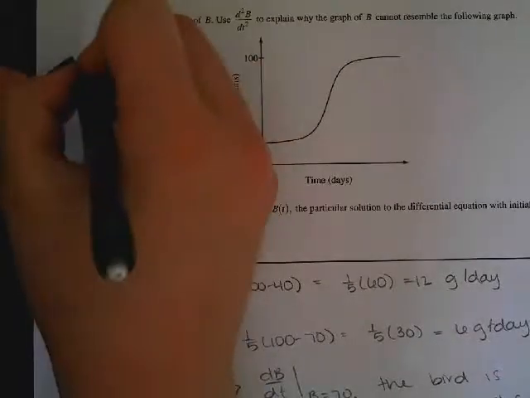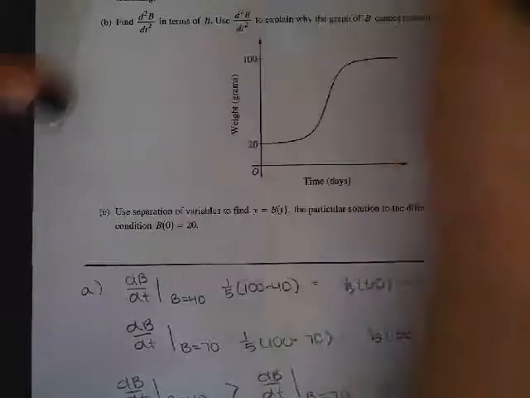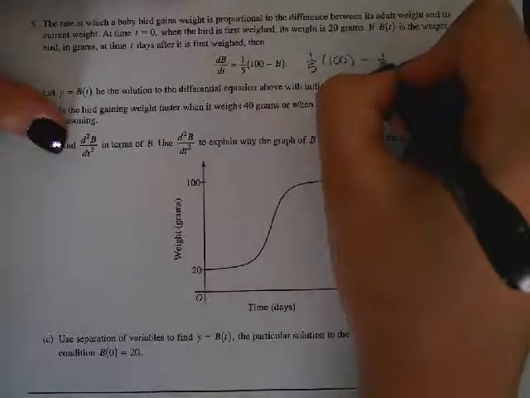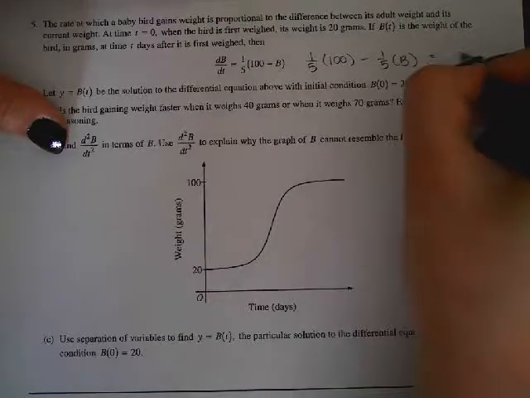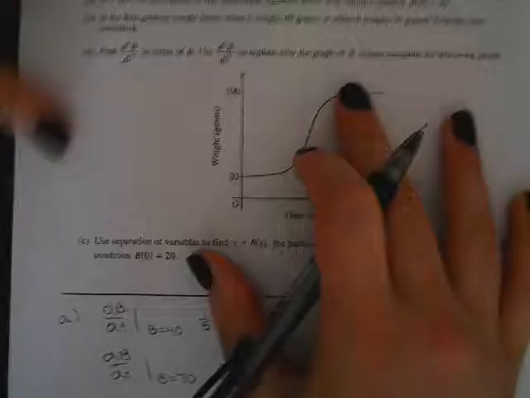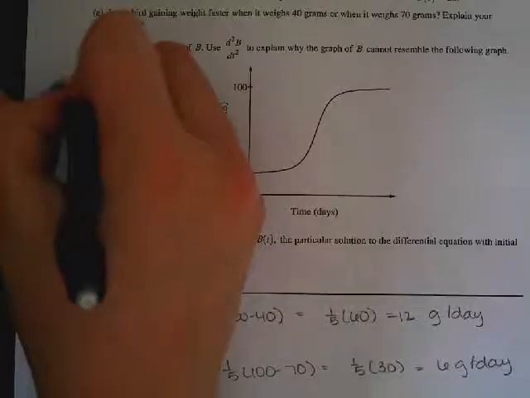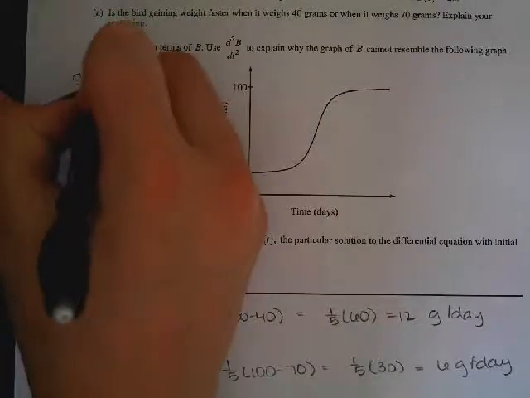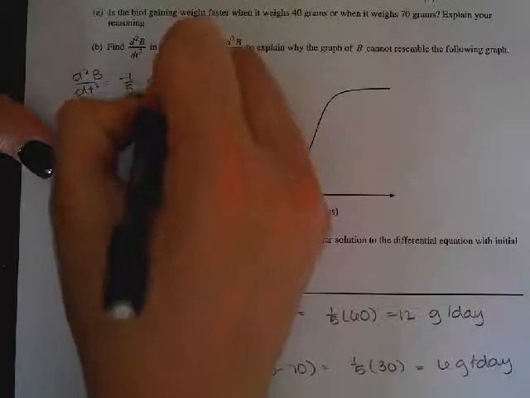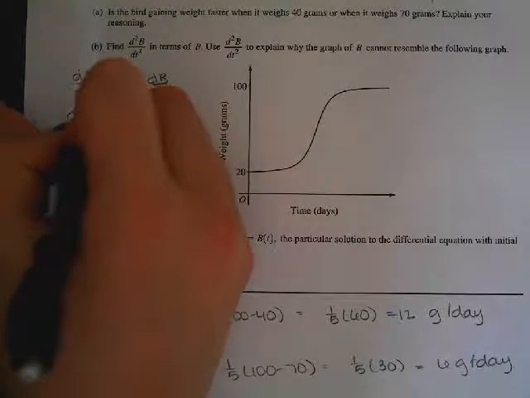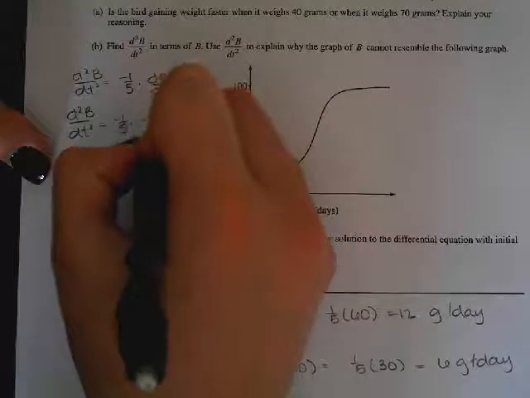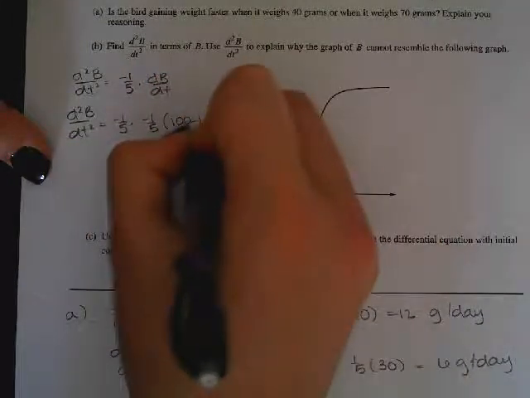I have dB/dt is 1/5 times 100 minus 1/5 times B. So that's 20 minus 1/5 B. When I find the second derivative, I've got negative 1/5 times dB/dt. So that's negative 1/5 times 1/5 times 100 minus B.